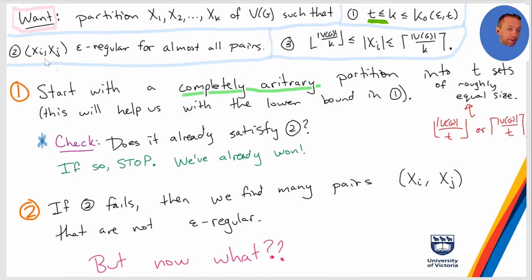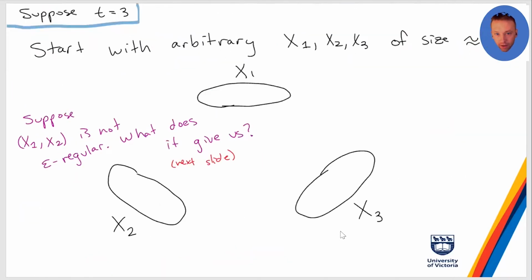So now you have to do something to improve your partitioning. Let's look at a sort of picture. Suppose, for example, t is 3. We started with an arbitrary partition into x1, x2, and x3, each of size about n over 3. Now suppose that the pair x1, x2 is not epsilon regular.